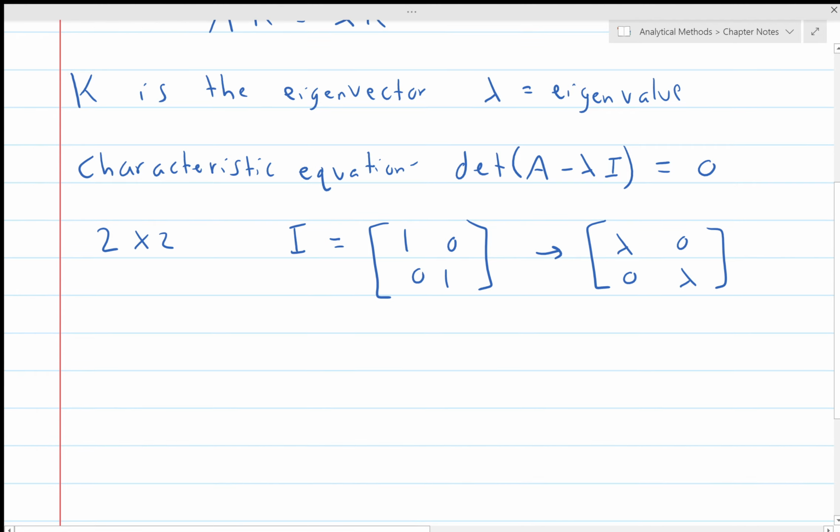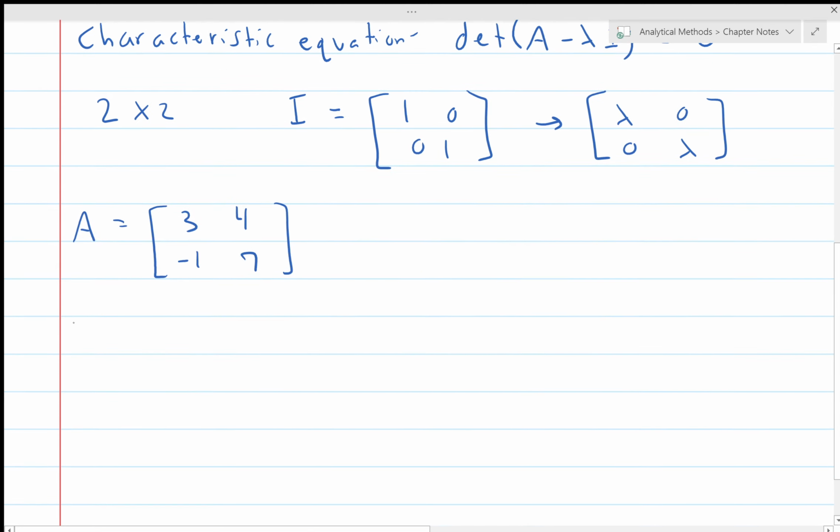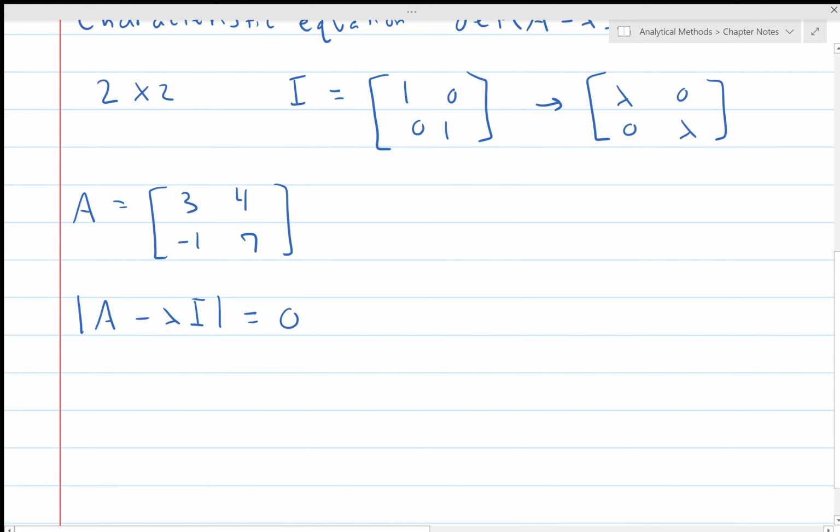So for our first example, I'm going to have our matrix be equal to 3, 4, -1, and 7. We need to start off with the fact that the determinant of A minus lambda I needs to be 0.